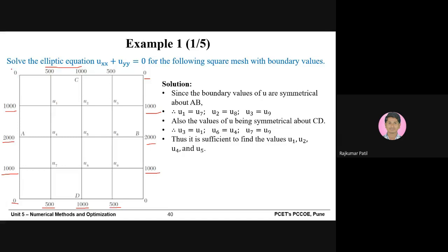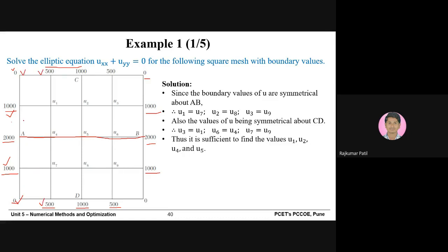You need to estimate them by using the known boundary values. All the boundary values are given, but before solving the problem you need to check all the given boundary values carefully. From these data points you can see that the boundary values are symmetrical about line AB, because the opposite values are 100, 100, 0, 0, 500, 500.